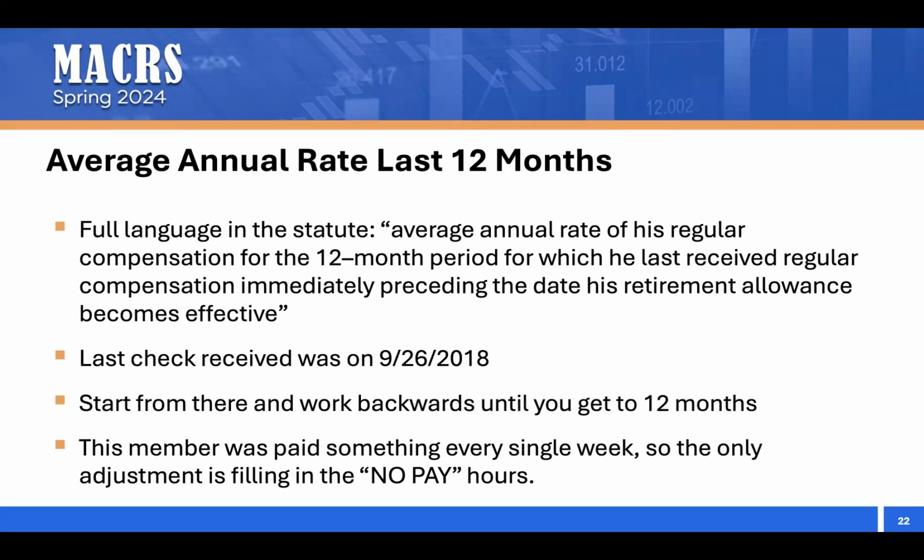At the final page of the booklet, you can see 9/26/2018 was the last pay. It was paid for 22 hours, not paid for 17. But that week we're gonna get the 40-hour number for that week anyway. So we'll work backwards from 9/26 until we get to 52 weeks where he was paid something. And in this case, he didn't have any weeks with 0, so it will just be the last 52 weeks.